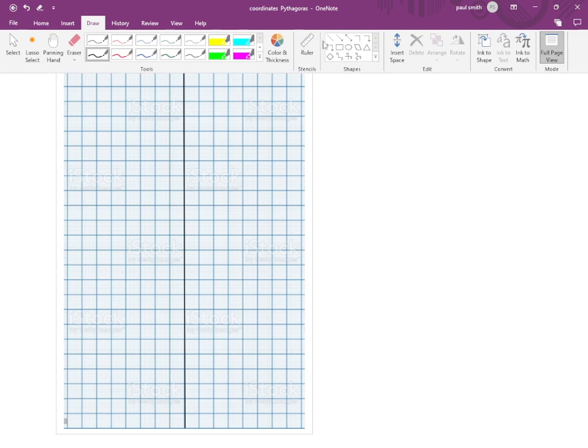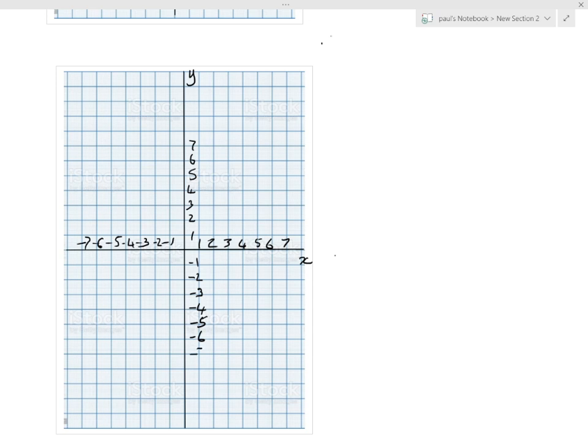I suppose you could do one of these, and then if you could get hold of a photocopier somehow, you can just rattle off loads of them. 1, 2, 3, 4, 5, 6, 7. 1, 2, 3, 4, 5, 6, 7. Minus 1, minus 2, minus 3, minus 4, minus 5, minus 6, minus 7, minus 1, minus 2, minus 3, minus 6, minus 7.